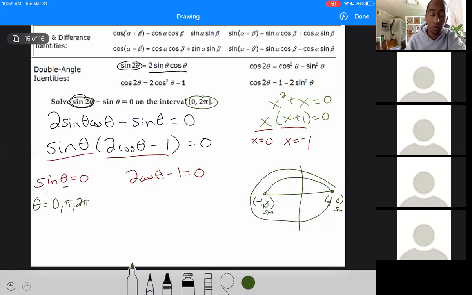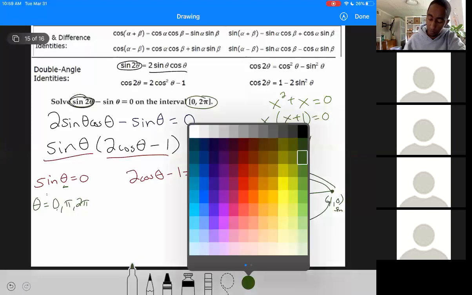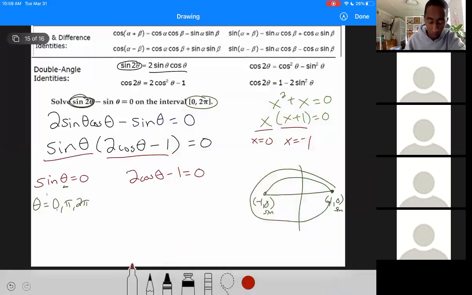If you plug in 0, or if you plug in pi, or if you plug in 2 pi, it will equal 0. And to make sure conceptually we understand what I'm saying, let's say we plug pi in here and here. If you plug pi in here, this whole thing would equal 0.